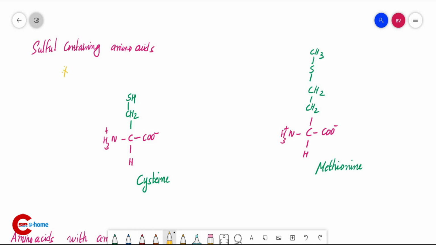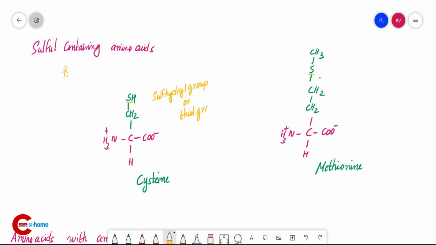This is very important. Sulfur containing amino acids, which are cysteine and methionine. Here you can see the sulfur group, SH. Here S. Sulfur containing amino acids, cysteine and methionine. Here this group is known as sulfhydryl group. In cysteine, which group is present?